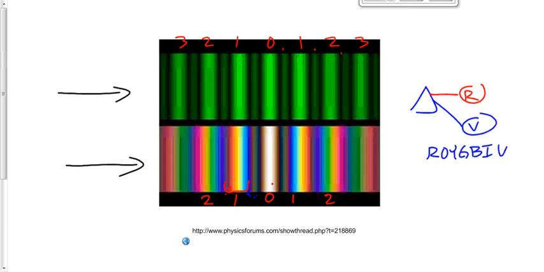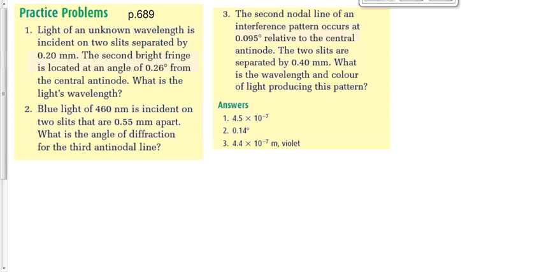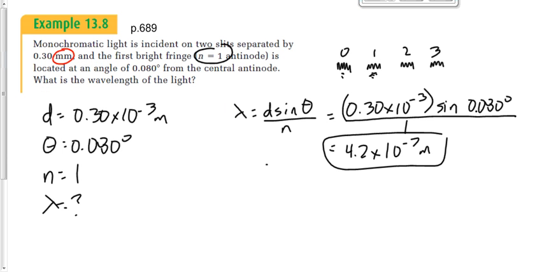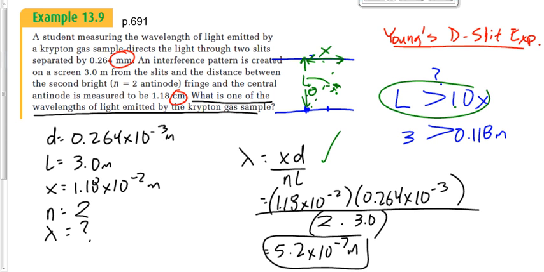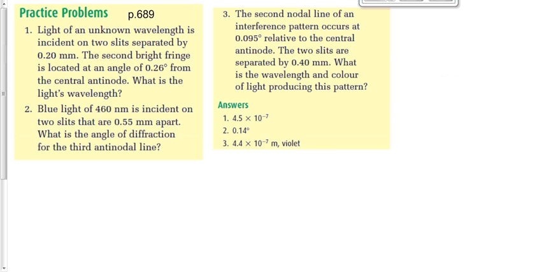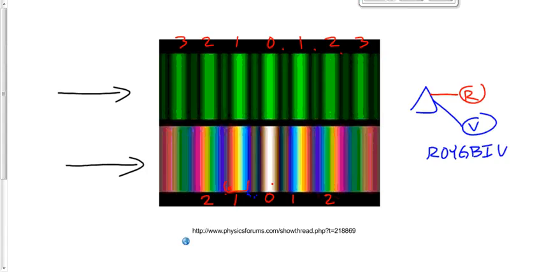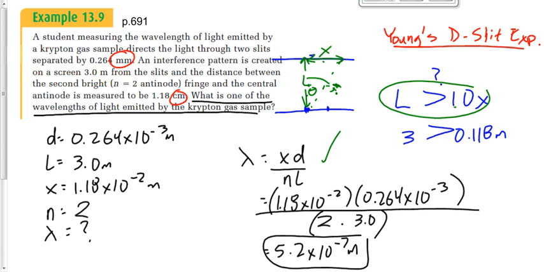So how do you deal with this in a problem? Well, guess what? We already did. We were asked in this case for one of the wavelengths of light emitted by krypton gas. All I want you to do is treat it the same way. If you have multiple colors, then pick the relevant color and go with it. If you have data for this color of light, then use that color of light.